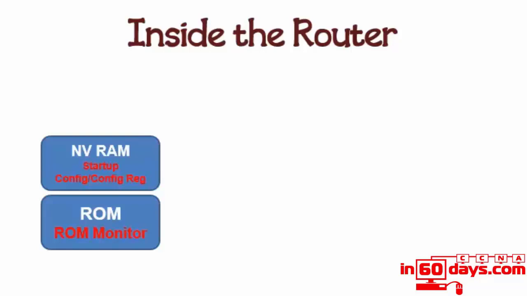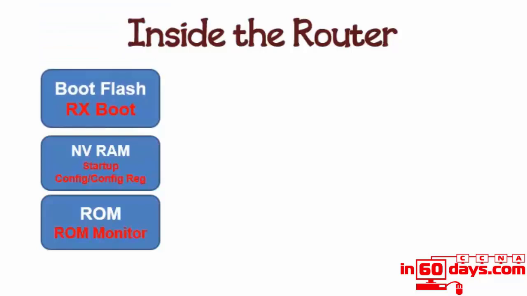The config register setting is also held there, which I'll come to in a while. Boot flash can be installed on routers depending on the model. This contains a small version of IOS called RxBoot, and it can take the router into a semi-working mode where you can issue certain commands, but it isn't a fully working IOS.